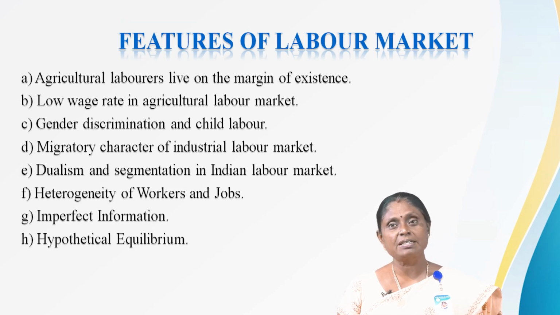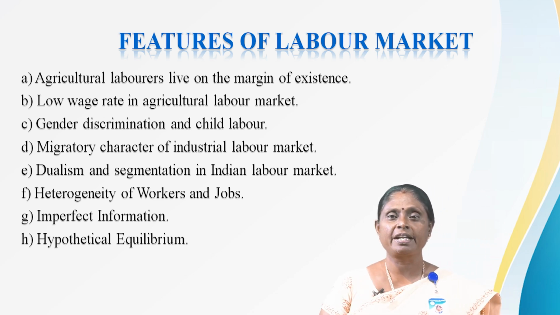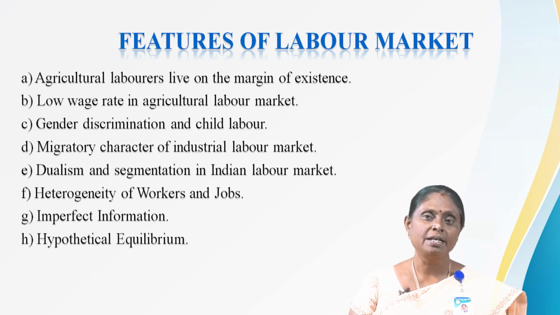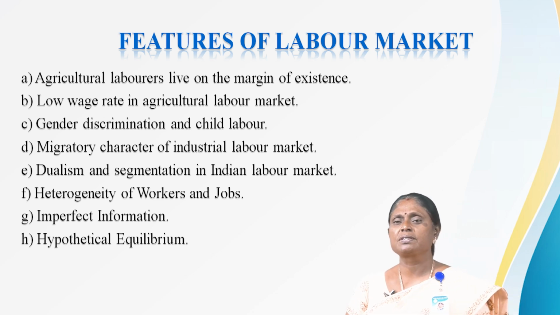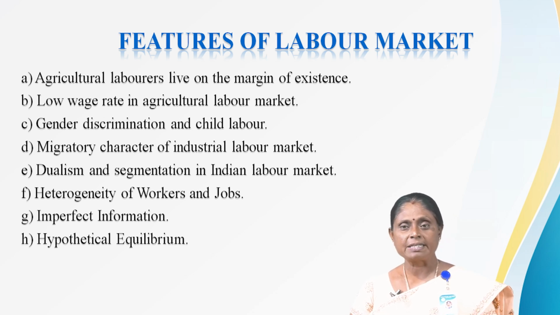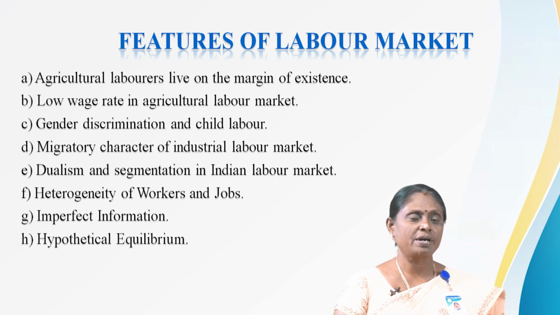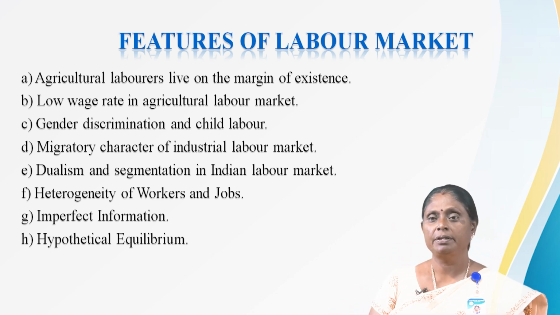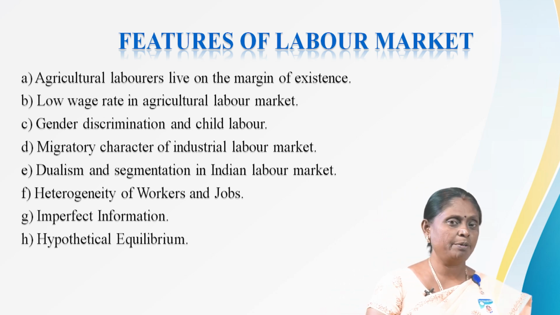Next, what are the features of the labor market? One of the important features is that agricultural laborers live on the margin of existence. The agricultural labor force is continuously increasing with the increase in the size of the labor force in India, whereas the percentage contribution of agriculture to GDP, gross domestic product, has declined drastically over the period.